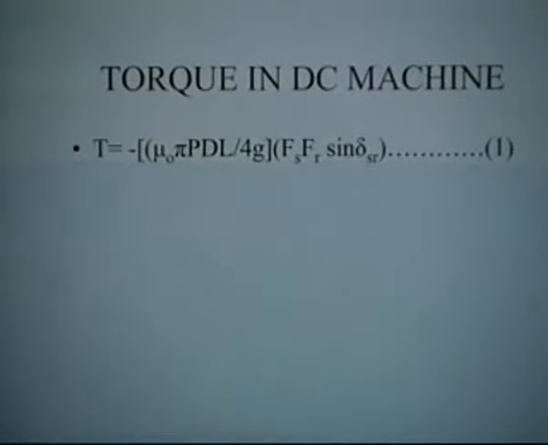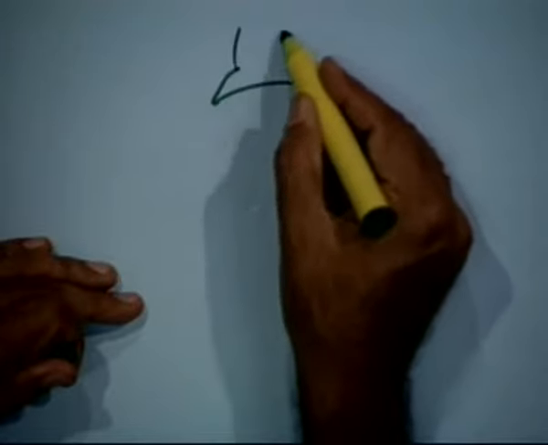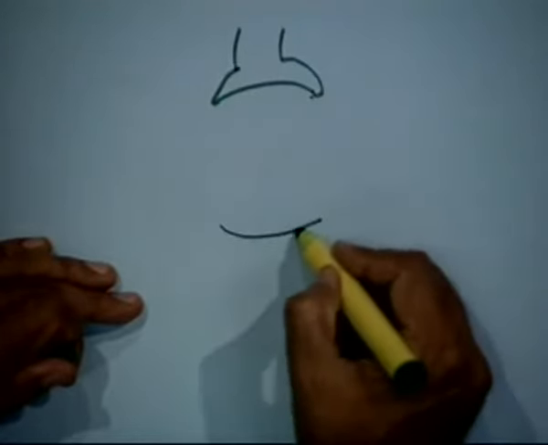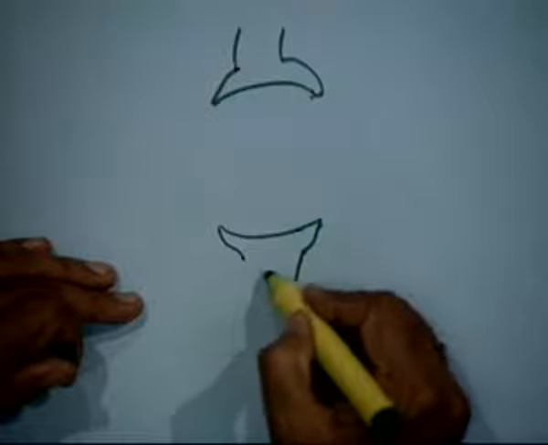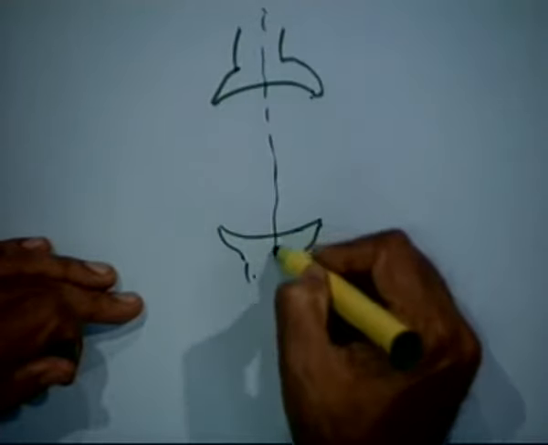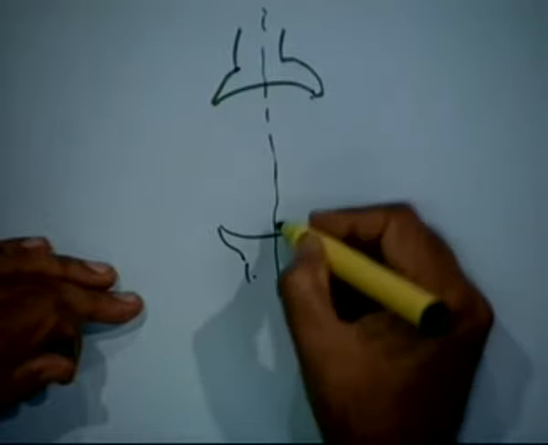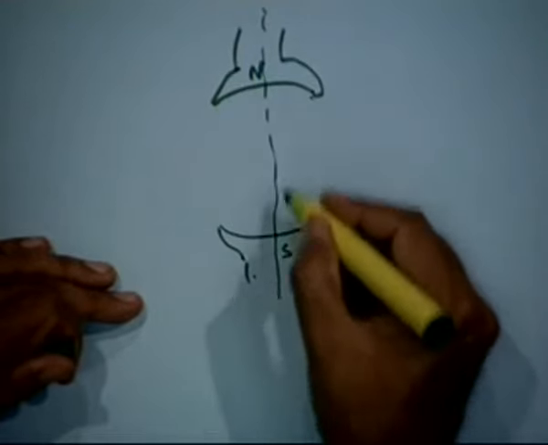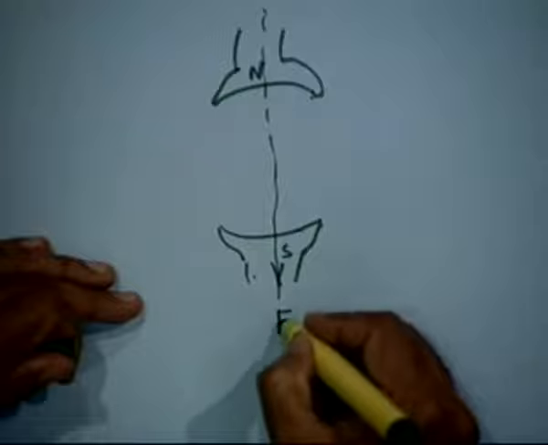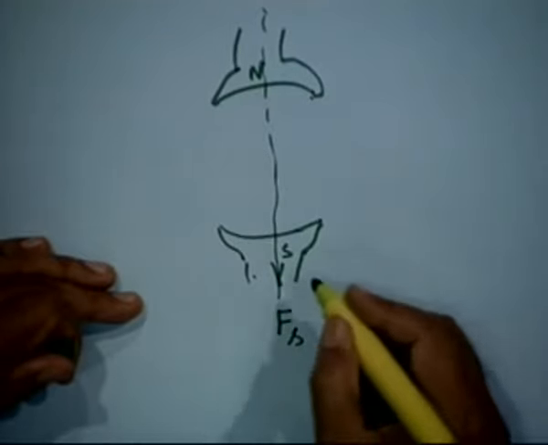In a DC machine, typically you find the poles which will produce, let us say if this is north, this is south, this is your Fs.